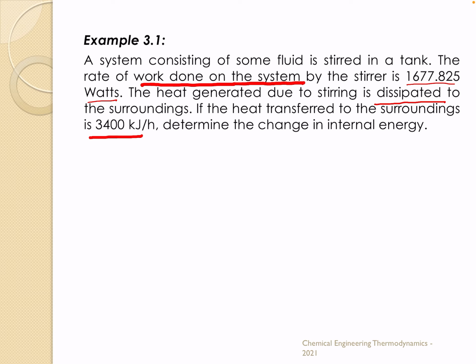From the first law of thermodynamics, in the previous class we saw that change in U equals Q minus W. Remember Q talks about the heat, and W is work done.